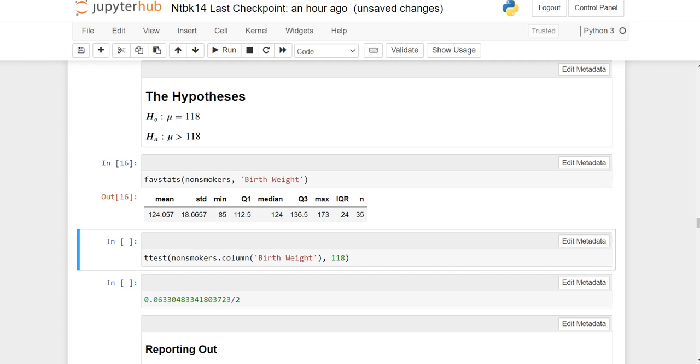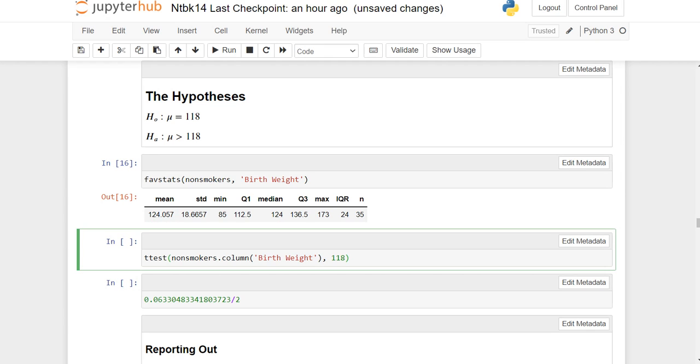And now we've just calculated the summary stats, so we can see the median is 124 and the mean is 124. So it looks like we do have some reason to believe that mu might be more than 118. Why? Well, we see it right here from the sample at least. So let's run the statistical test and see.